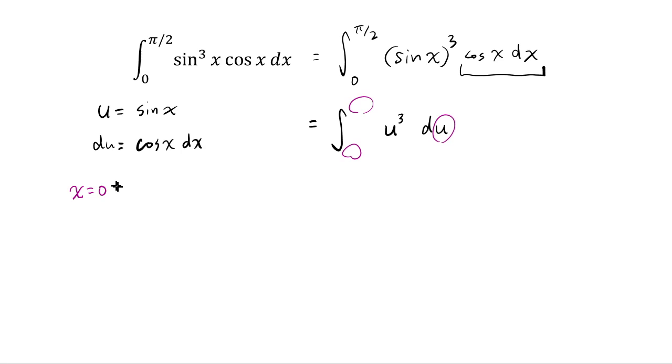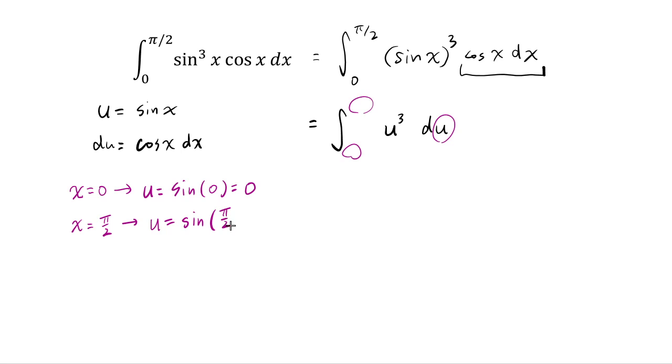So when x is 0, u, which is sine of x, is sine of 0, and sine of 0 is 0. And then when x is pi over 2, in radian mode, of course, in calculus, all the calculations in doing derivatives and integration are in radian mode, so this is in radians.